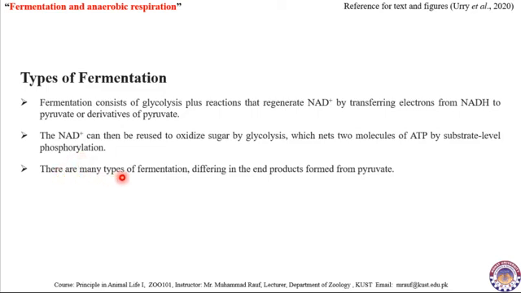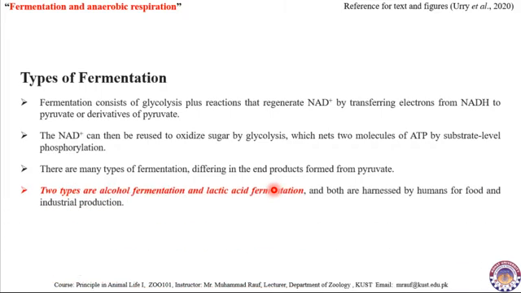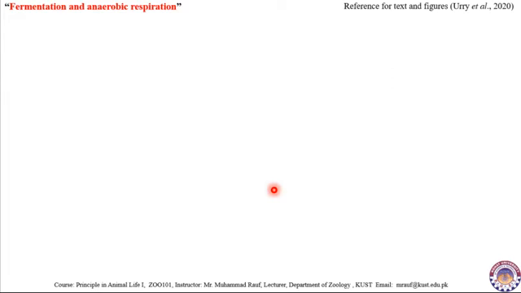There are many types of fermentations differing in the end product formed from pyruvate. So the pyruvate can change into different forms, but here we will discuss only two types of fermentations, which are alcoholic and lactic acid fermentation.